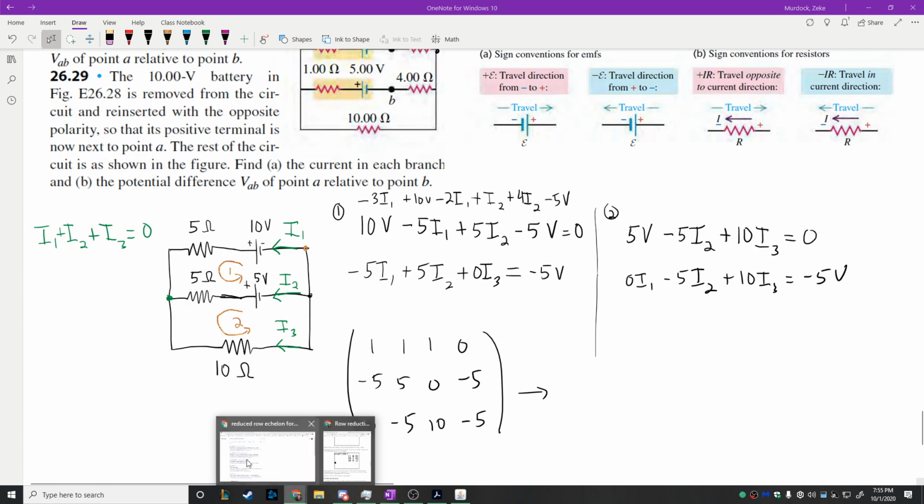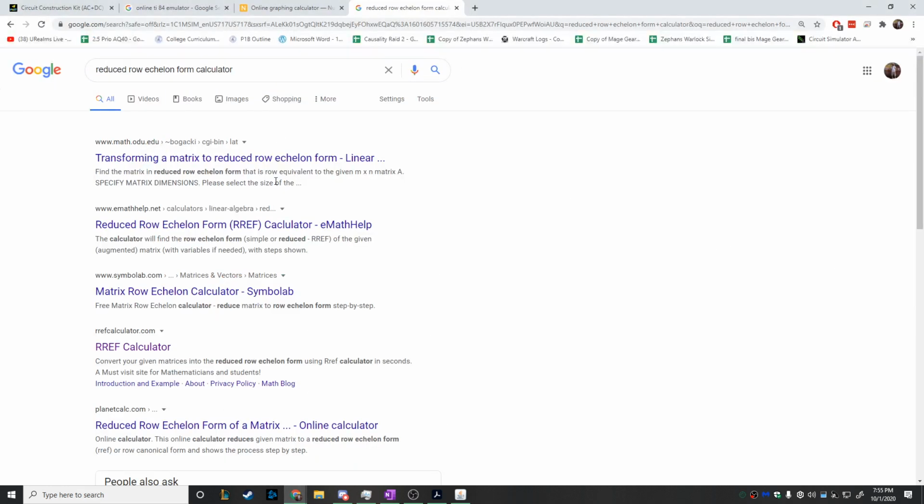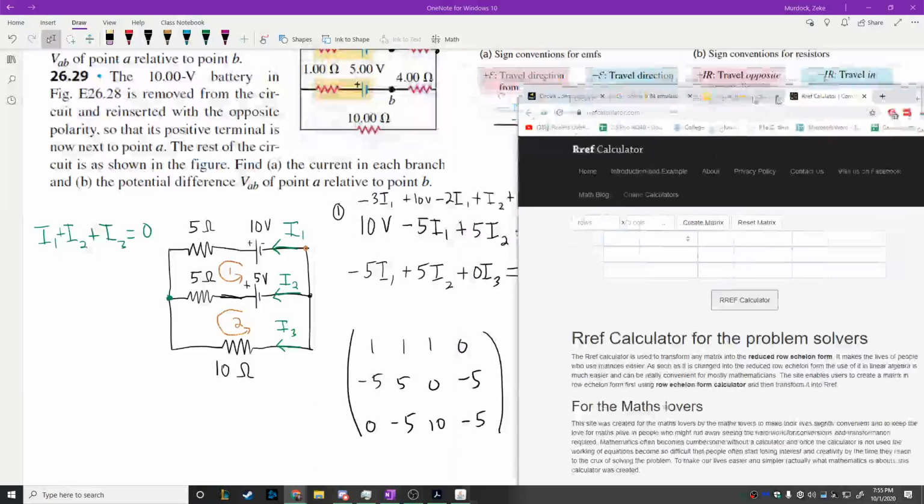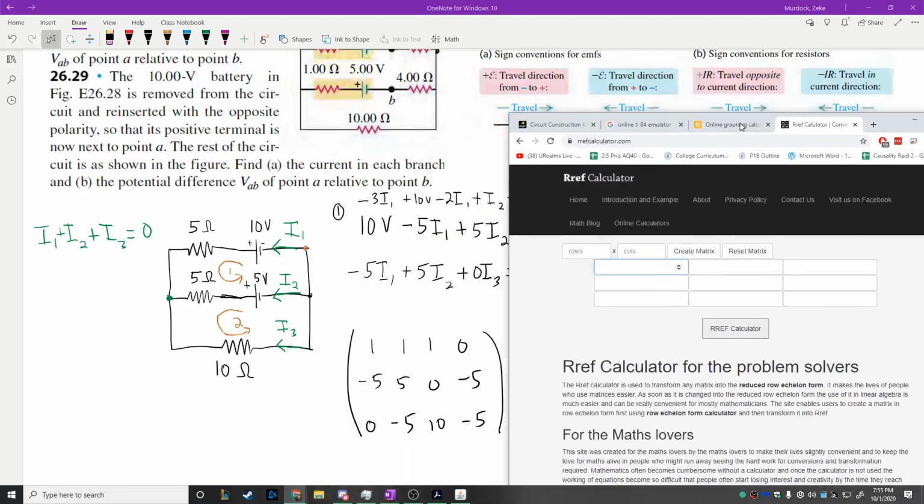I'm going to put it into this. That's the one we used. We got to do more rows here. 3 by 4. All right, there we go. 1, 1, 1, 0.